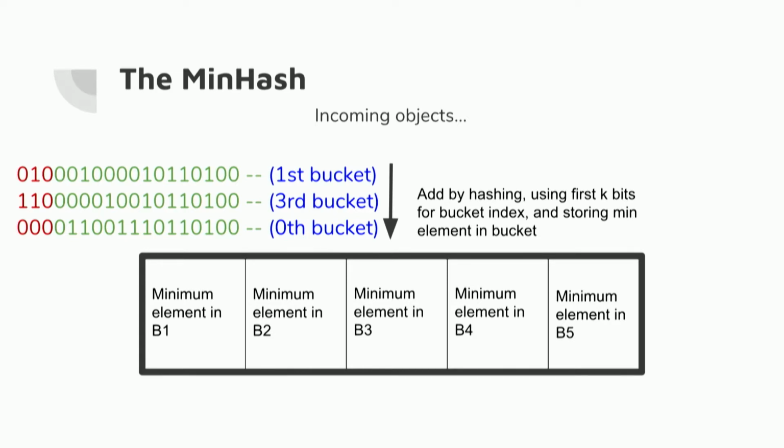We hash each element, figure out which bucket it's supposed to go into, and then use the remainder of the hash, keeping the minimum hash that we've seen in each bucket. So if elements are coming through, say, bucket 4, we always run a minimum function on everything we're looking at in bucket 4. And we do the same thing in all of these buckets.